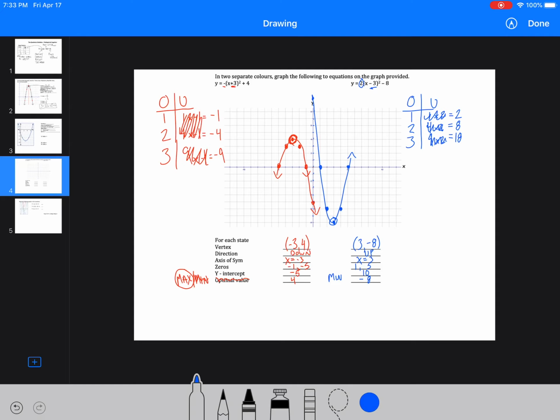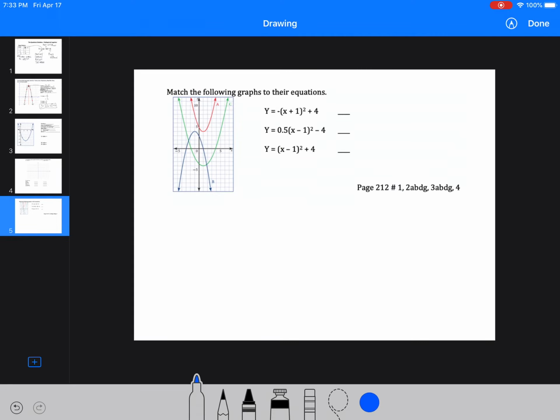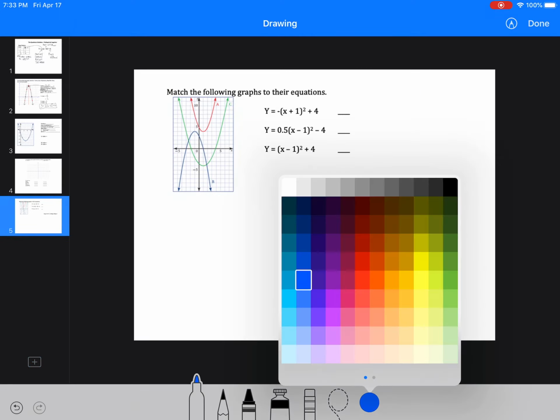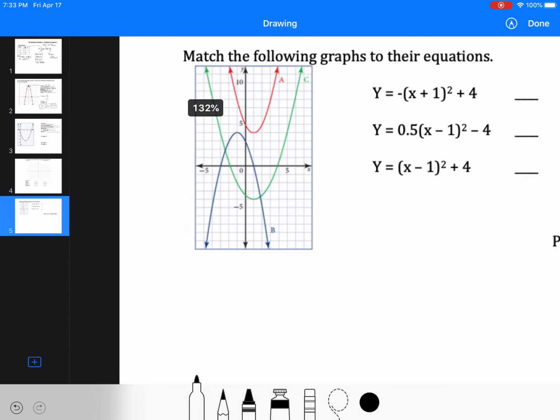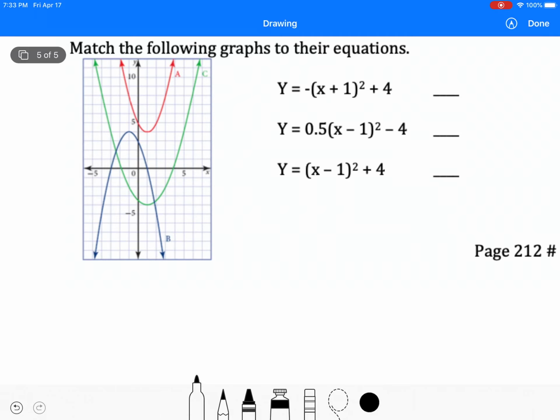All right. Okay, last page here. So match the following graphs. So just to kind of go over this last one, all I did here was find my starting point and then use my over and up chart. Okay, and I just changed my over and up chart by multiplying by a, multiplying what's in front of the brackets.